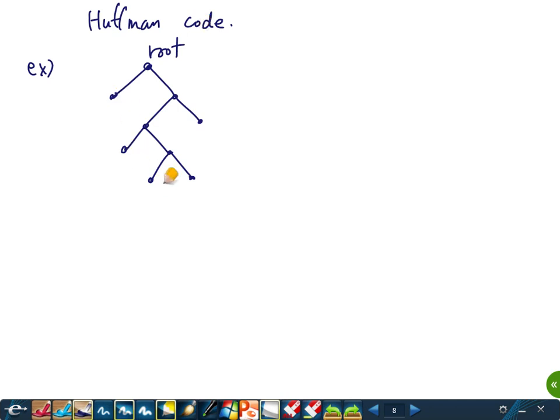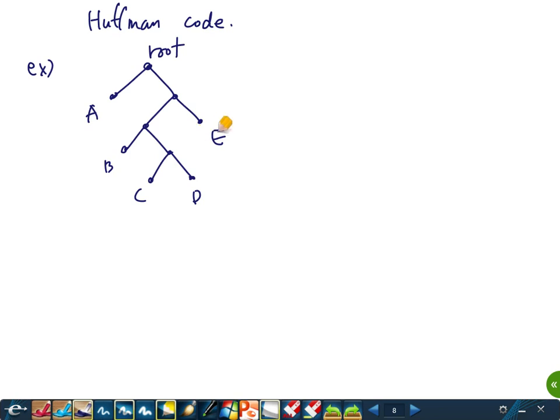And these are called leaves, the terminal vertices. If you start with a vertex called root, you can go down, and it may have two branches or nothing. If there's nothing below, they are called leaves. And for these leaves, we assign letters. So let's say A, B, C, D, E.